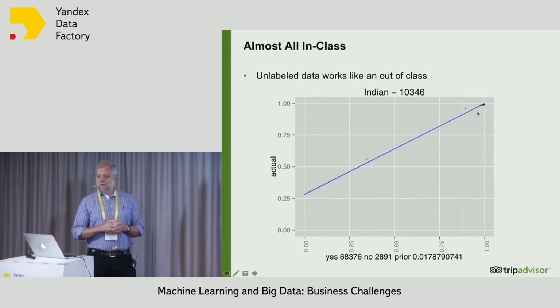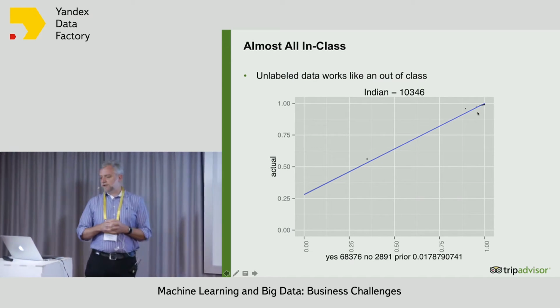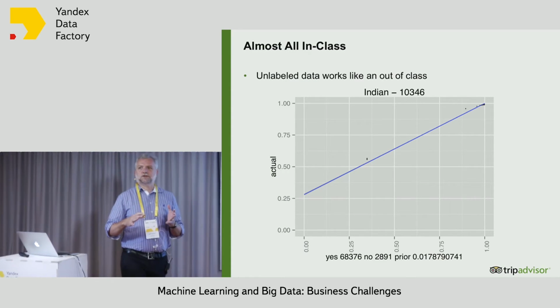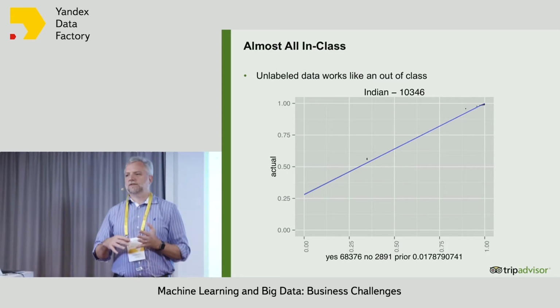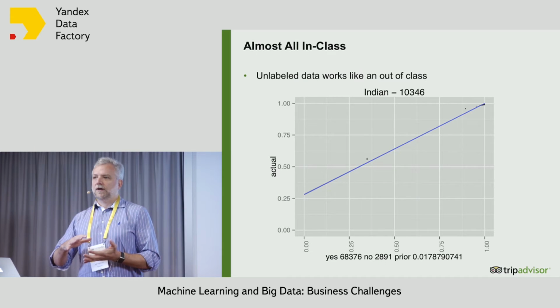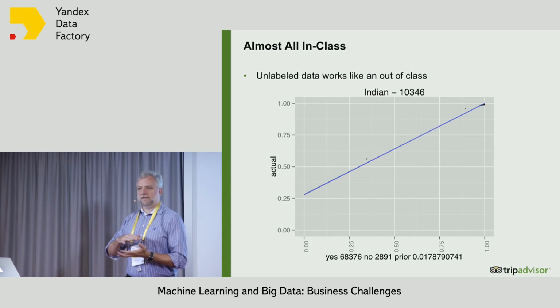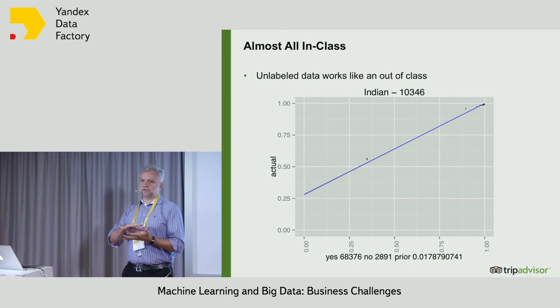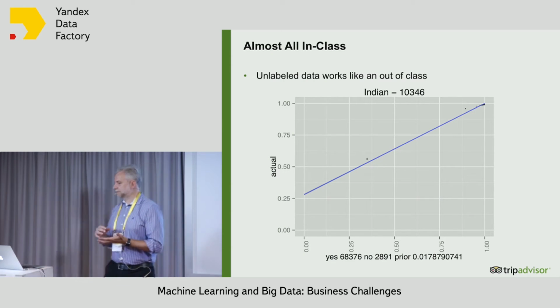But what happens with the regularization is kind of interesting because the prior for an Indian restaurant, which I think is 1.7% or something like that, is so small that the regularization term acts as the opposite side of the training set. So even though we only have yes votes, the regularization term forces the other side of the class.